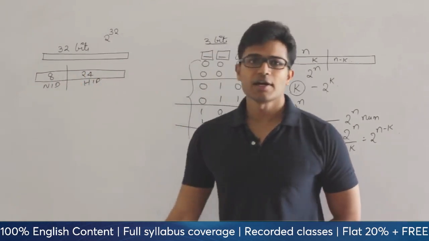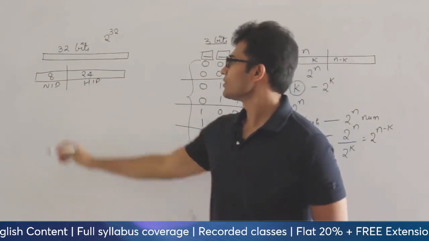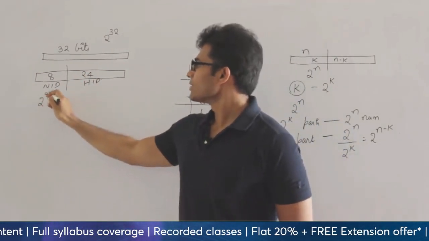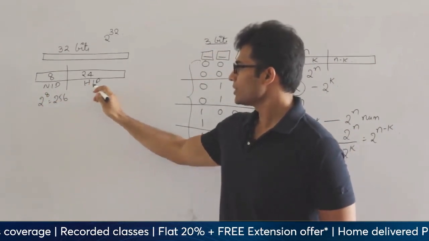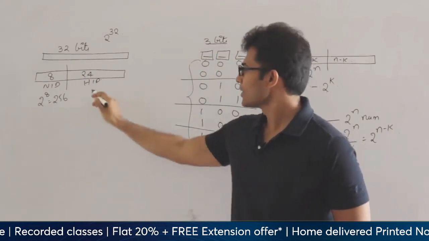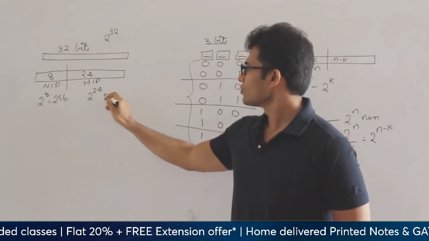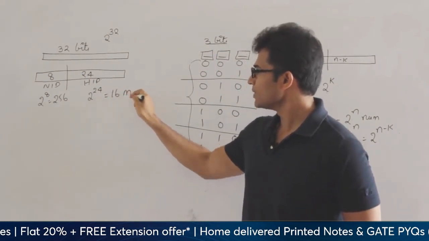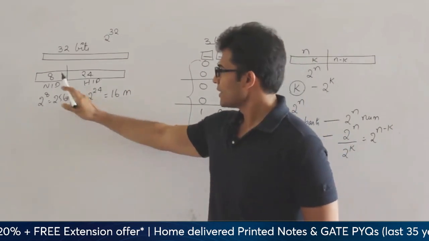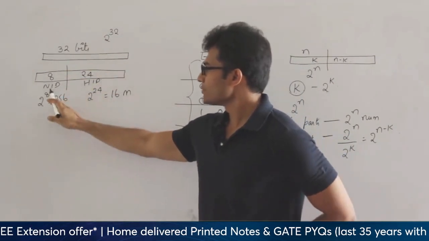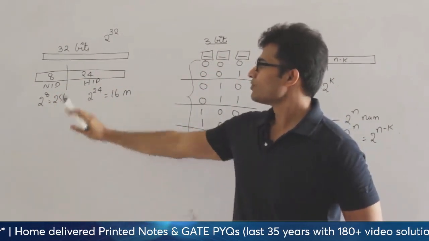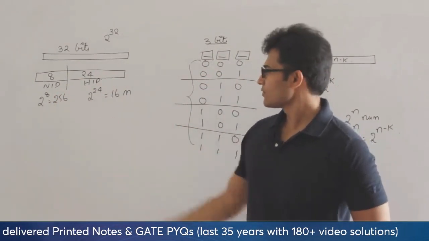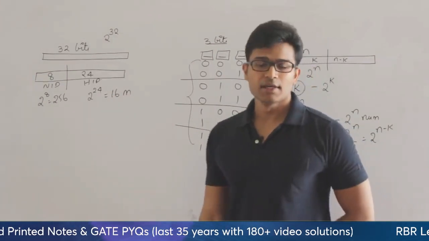With 8 bits of network ID, how many networks do we get? 2 power 8, which is 256. And with 24 bits, what is the size of each network? 2 power 24, which is 16 million hosts. So I am going to get roughly 256 networks, and the size of each network is going to be 16 million.